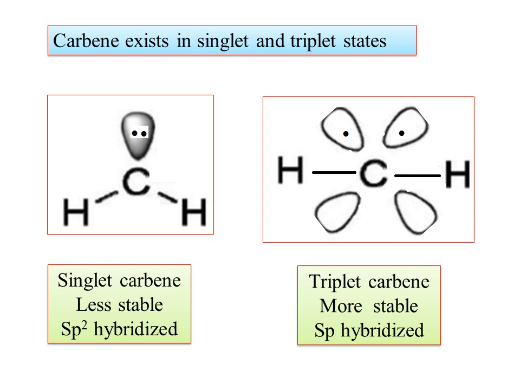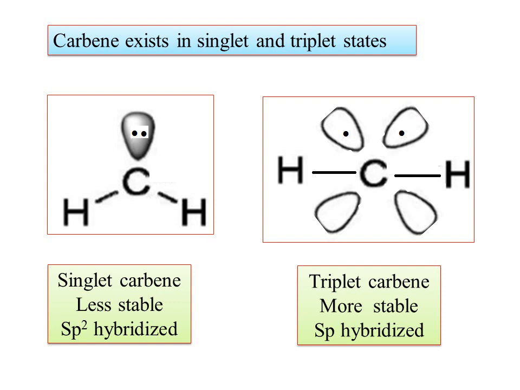In the singlet state, if the electrons are present in the same lobe of the sp2 hybridized carbon, we call it a singlet state, and it is less stable. Or it may be present in the triplet state, which is more stable, with sp hybridization. The central carbon may be either sp2 hybridized or sp hybridized.